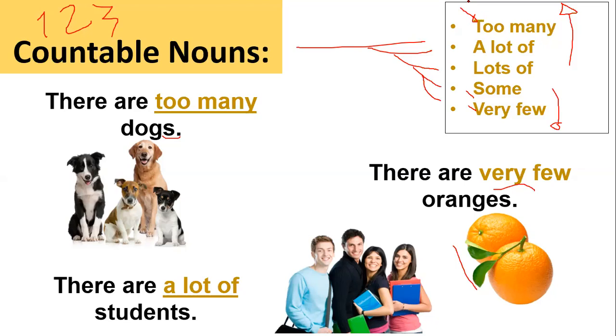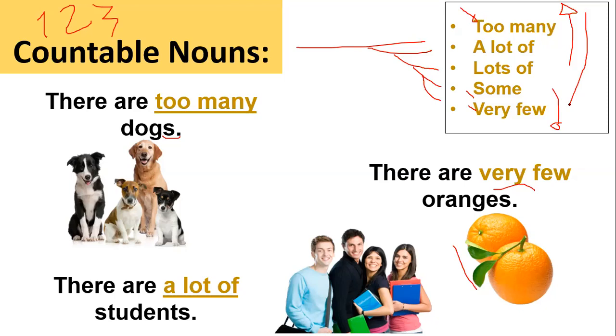Elena, can you give us one example? There are too many cats. Okay, very good, like that. Katia, can you give us one example with any of these phrases? There are very few cats. Okay, very good.